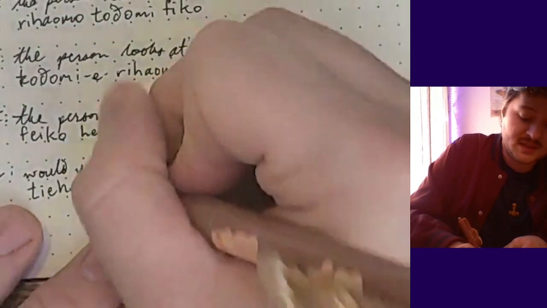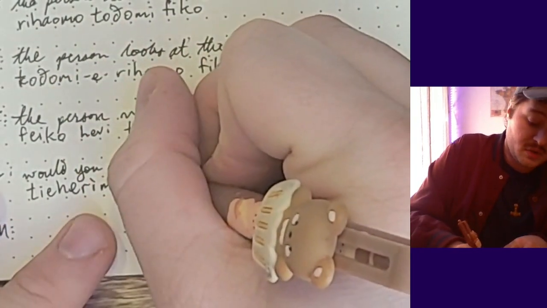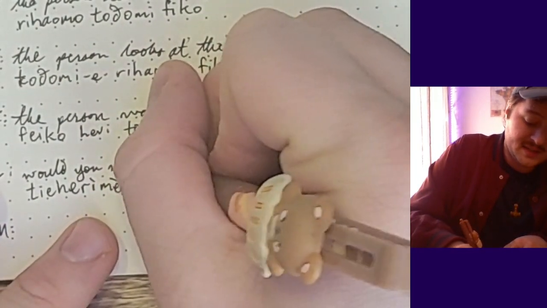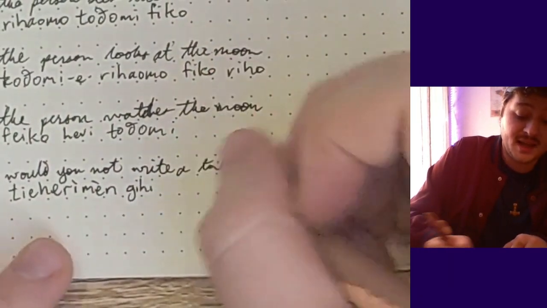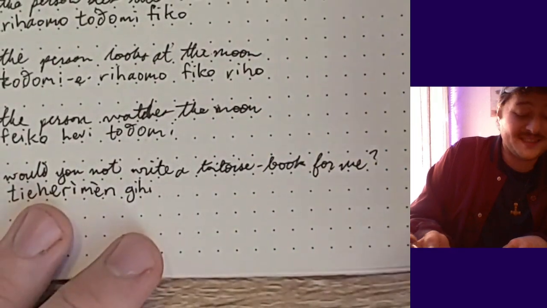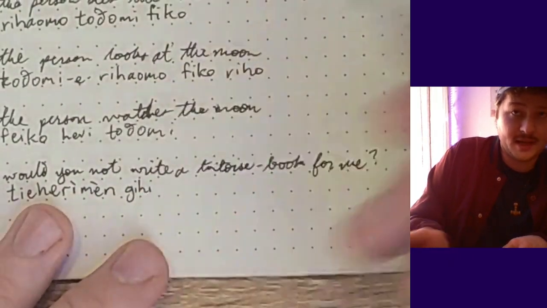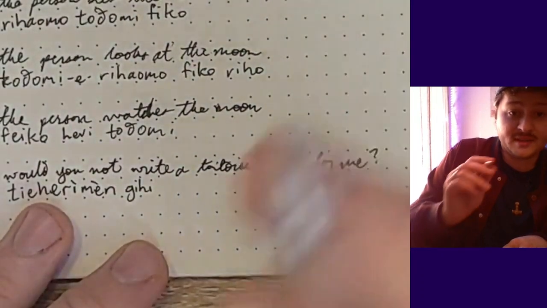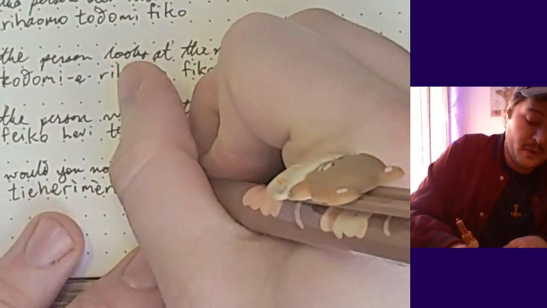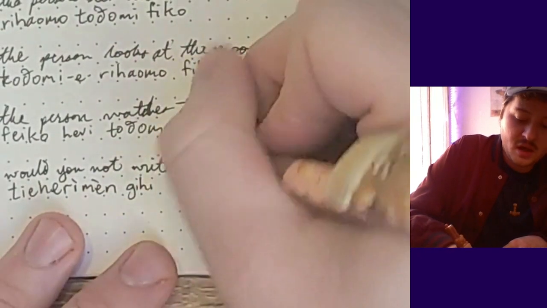And so you is the subject, you is the doer, so you is going to be ye, sierimen he, and then a tortoise book. So book is sequel, T-I-K-O, sorry, T-I-K-O, sequel. But tortoise is devoro, and so that's going to modify it. So it's going to be devoro, kind of like we did with the moon up here.